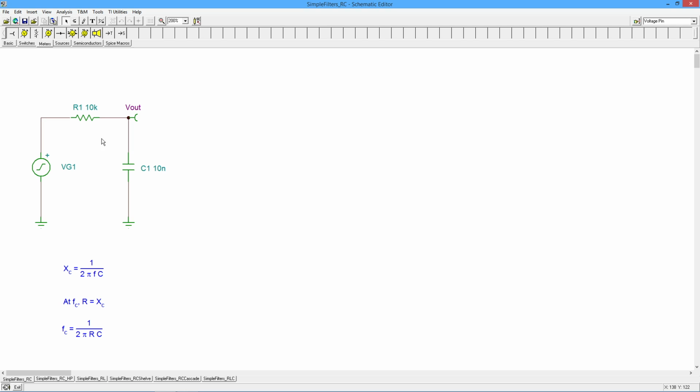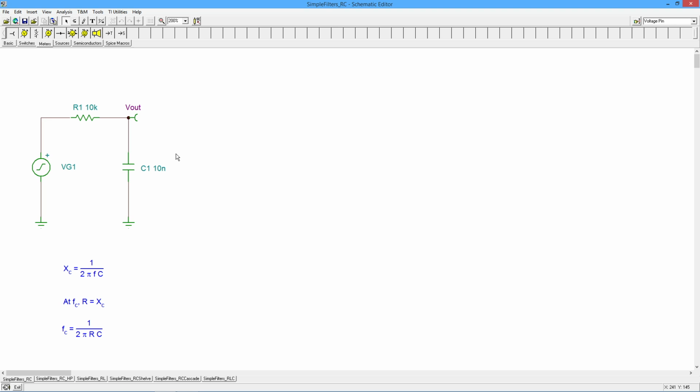The crossover occurs when capacitive reactance is equal to resistance, right? So our basic capacitive reactance equation, 1 over 2 pi Fc, and all we do is recognize that at the critical frequency, the resistance and the capacitive reactance are the same size. So that will end up giving us, because of the phase angle, 0.707 of the generator voltage across the capacitor.